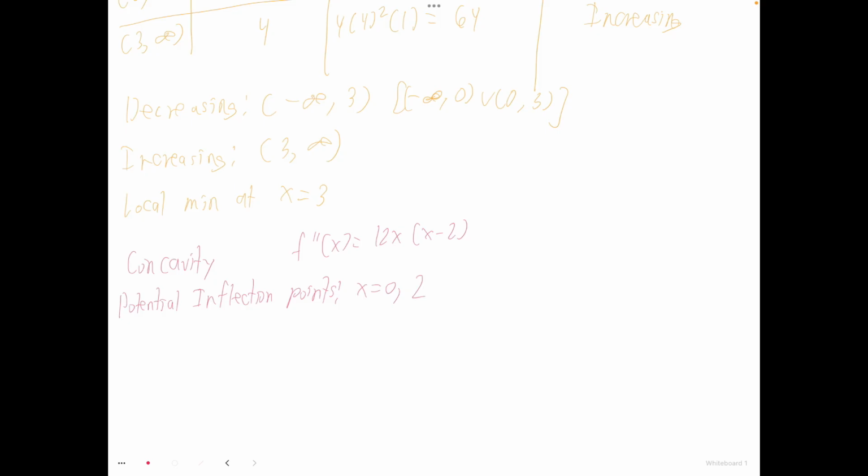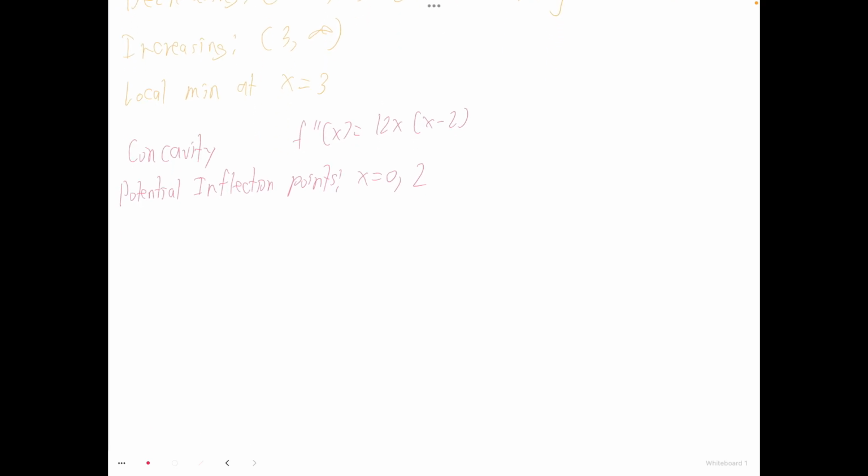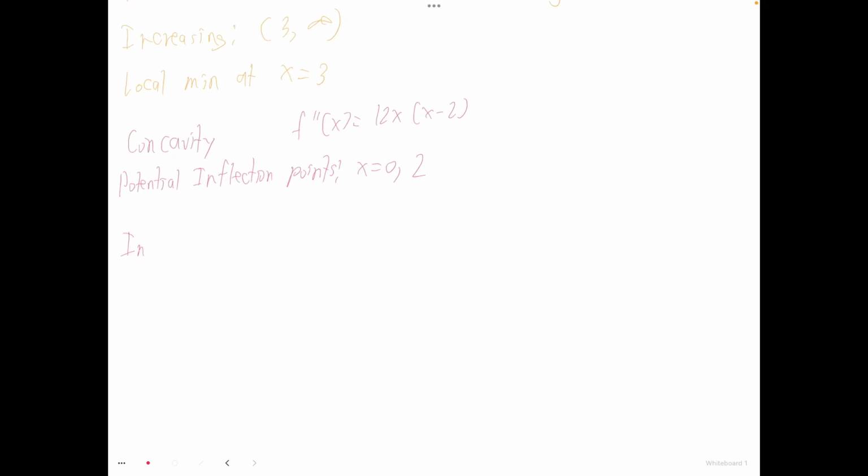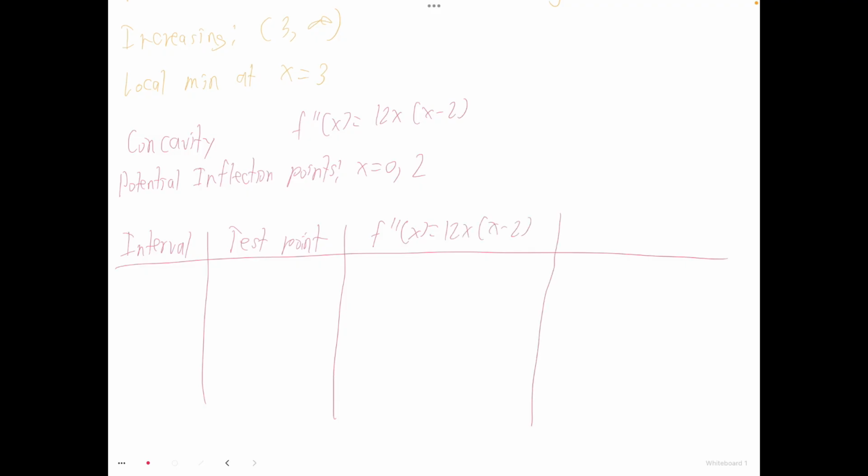And so now, just like we did for increasing and decreasing, we're going to create a table and figure things out from the table. So we have our interval, we have a test point. Now we're going to plug things into the second derivative. And then we have what's happening with the concavity.